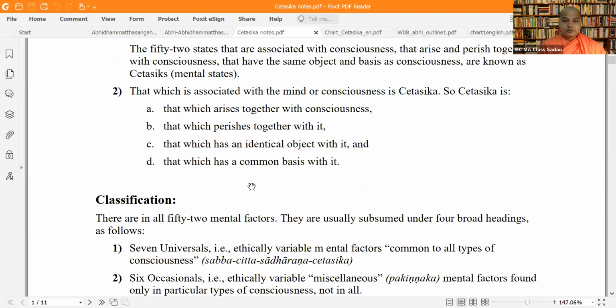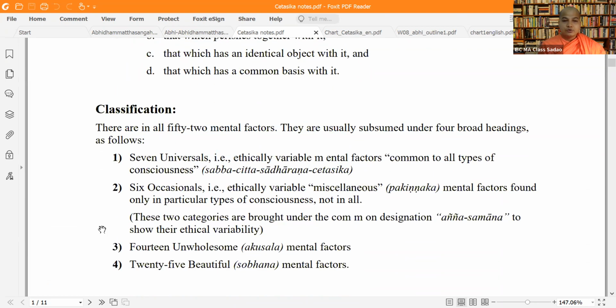Now, these 52 mental factors are broadly categorized into 4 types. First of all, we have to know that there are 52 types of Cetasikas, and their characteristic is that they arise and cease together with the consciousness. Their basis and their object are also the same as consciousness, right?